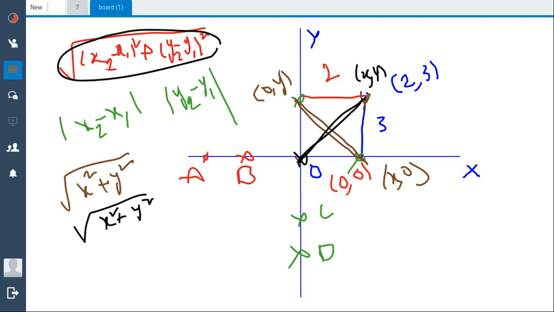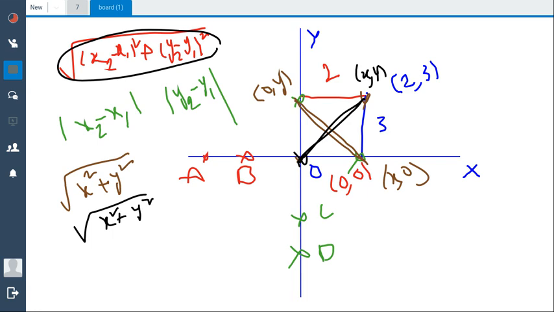If the 2 points lie on the x-axis, then automatically their y coordinates are zeros. So in that case, the distance between 2 points formula gives square root of x2 minus x1 whole square plus 0 minus 0 whole square, you will get x2 minus x1.